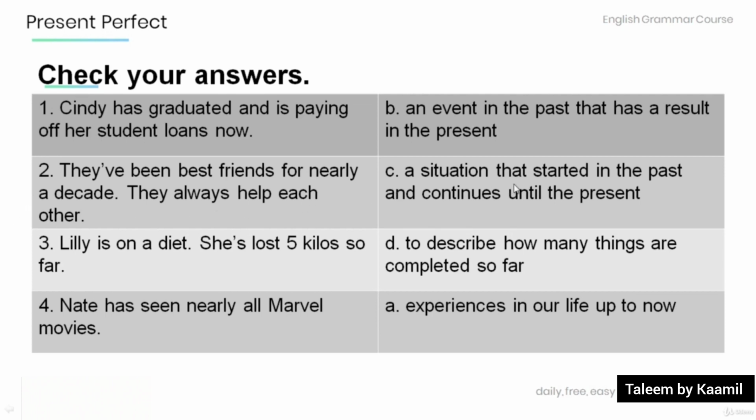This is a situation that started in the past and continues until the present. Lily is on a diet. She's lost 5 kilos so far. This is to describe how many things are completed so far. Nate has seen nearly all Marvel movies. This is an experience in our life up to now.